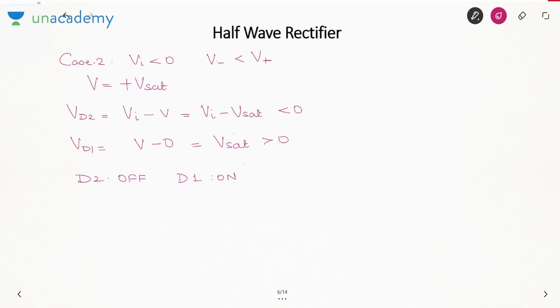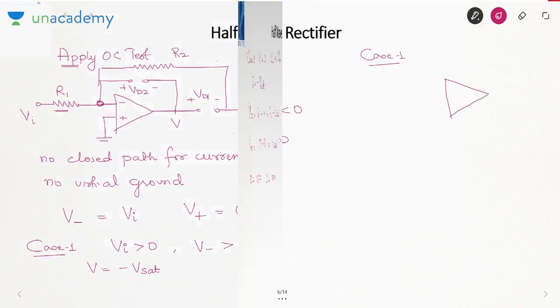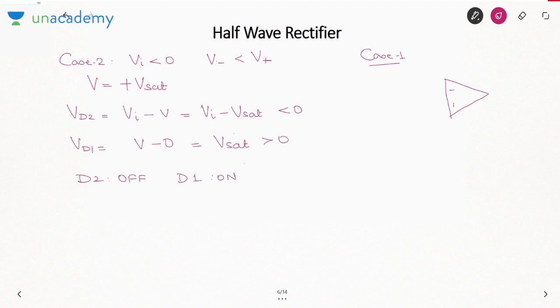Now in order to observe the output, let me take case 1. In case 1, D2 was on and D1 was off.